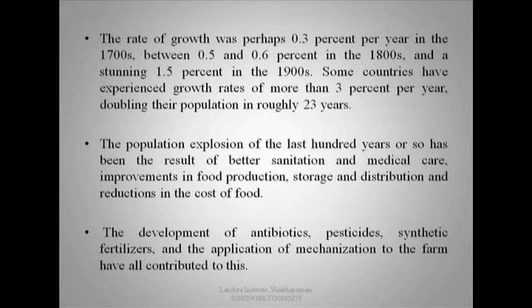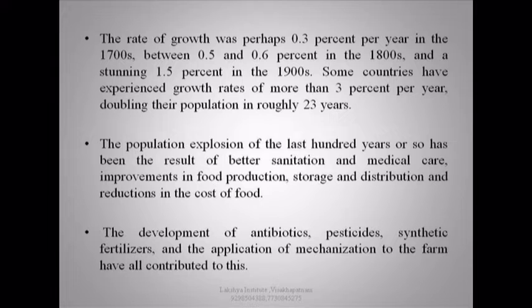The rate of growth was perhaps 0.3% per year in the 1700s, between 0.5 and 0.6% in the 1800s, and a stunning 1.5% in the 1900s. Some countries have experienced growth rates of more than 3% per year, doubling their population in roughly 23 years.